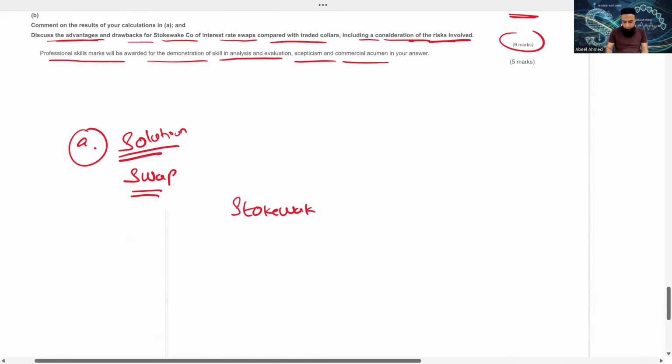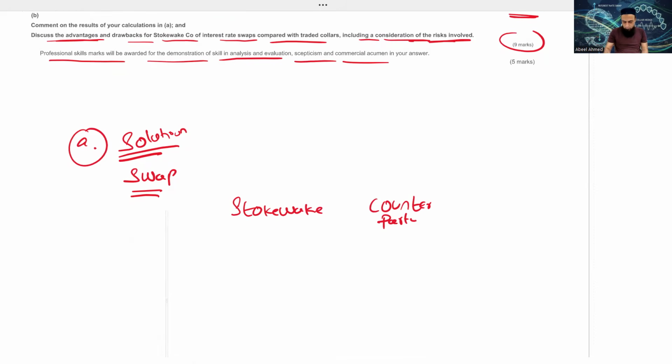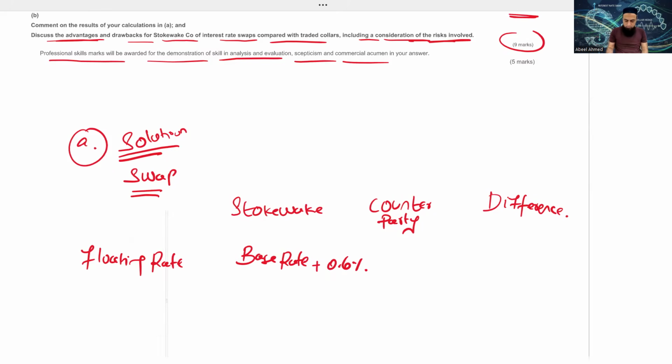Counterparty. Either you write interest rate differential or difference, it is the same thing. Floating rate. Stoke Wake can borrow at base rate plus 60 basis points, which means 0.6%.